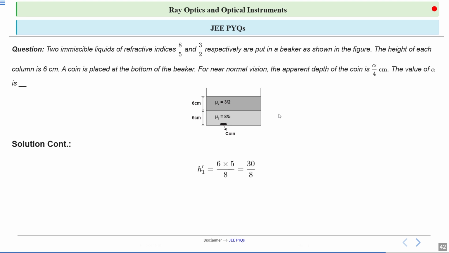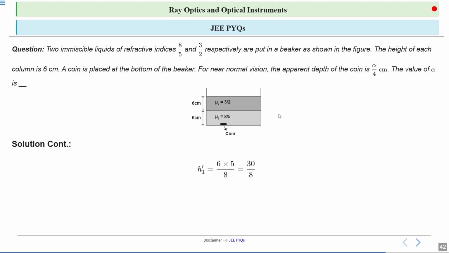So now calculating the apparent depth for the first liquid, we use the formula for apparent depth, which is apparent depth equals actual depth upon refractive index of the medium.